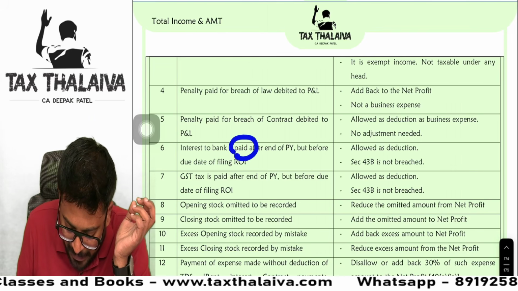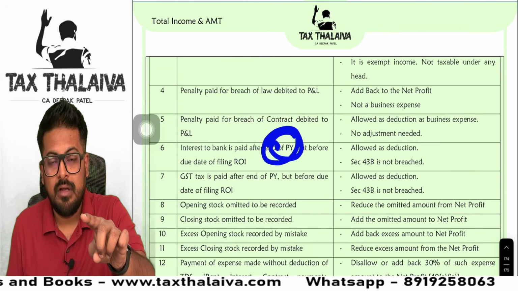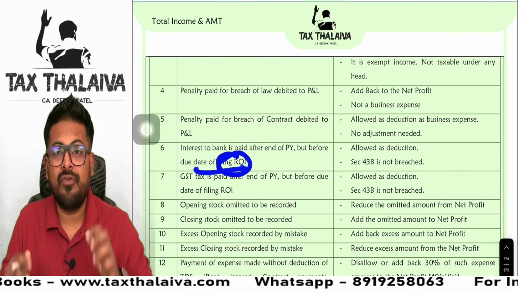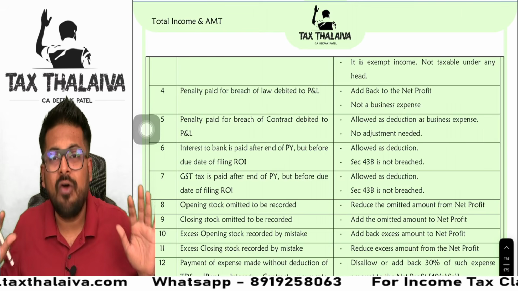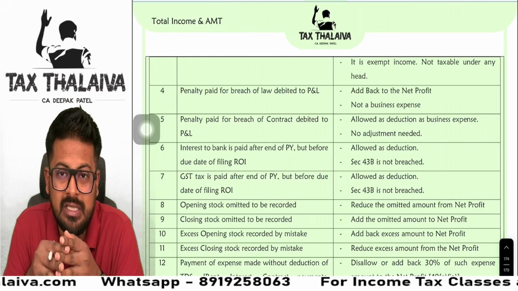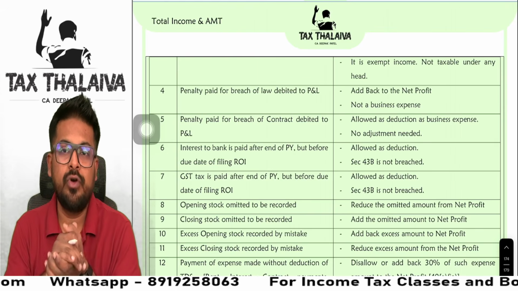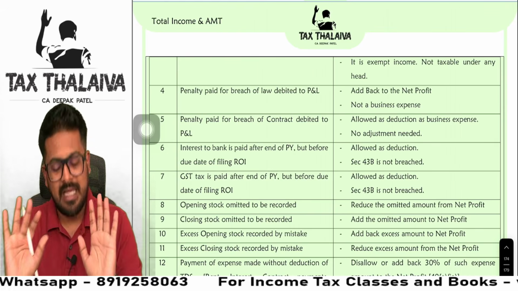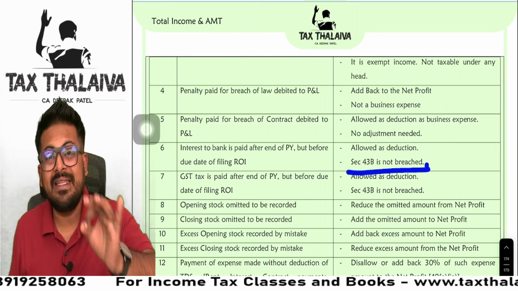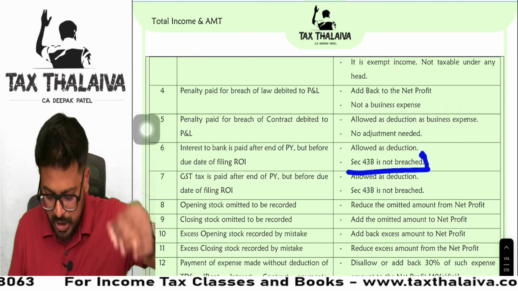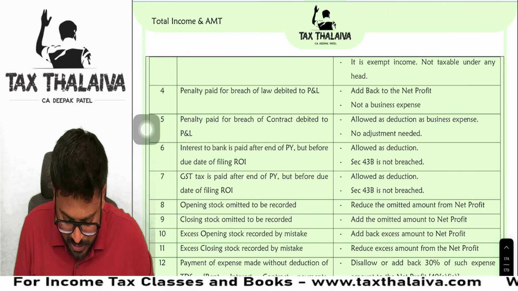Here it says it is paid after end of previous year but before due date of filing of return of income. It is absolutely correct. There is no need of any kind of disallowance under section 43B because the interest is paid before due date of filing of return of income. It is allowed as deduction. So here you see allowed as deduction. Section 43B is not breached. We have complied with the conditions.